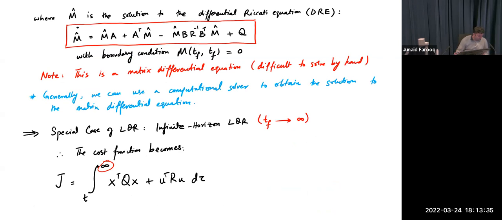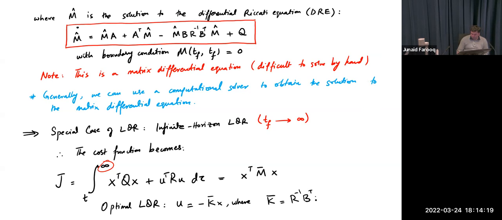All right, so if we have this type of cost function, let's call this x transpose M bar x, then the optimal controller in this case will be u equals minus K bar x, where K bar equals R inverse B transpose M bar.